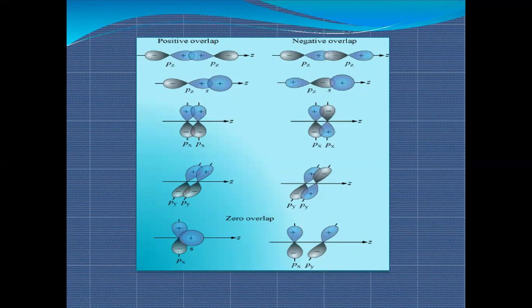This is known as head to head overlapping, and the p orbital also has side to side overlapping. So when one head overlaps with another head, it is known as head to head overlapping. And side to side overlapping means when both the dumbbells overlap side by side.